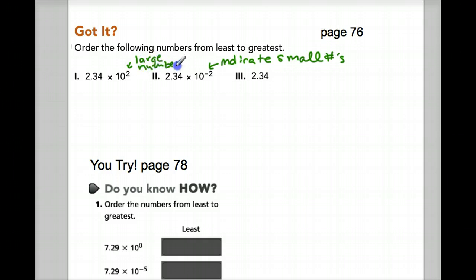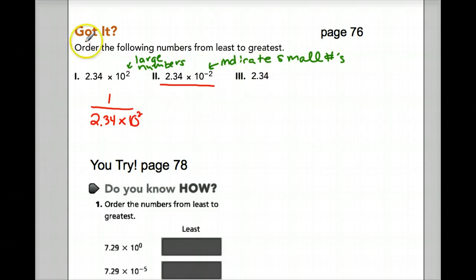So just how we knew that negative exponents get flipped down to the bottom of a fraction, I'm going to do this in red over here. This actually equals 1 over 2.34 times 10 to the second. So that's going to be our smallest one.